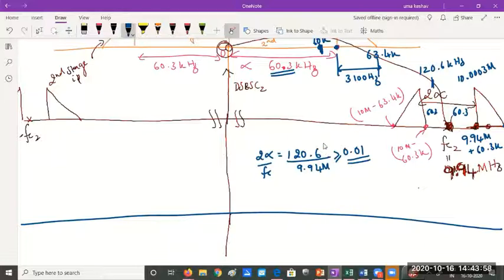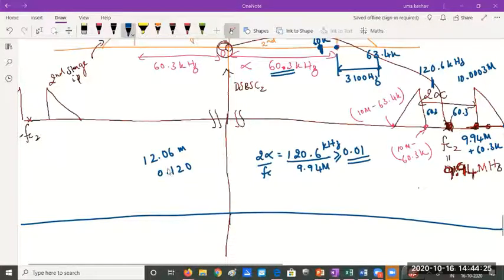This is 120.6 K and this is 10 meg. Approximately if I write 10 meg, you will get how much? 12.06 milli, 0.120. How much is it? If you calculate, 0.012.